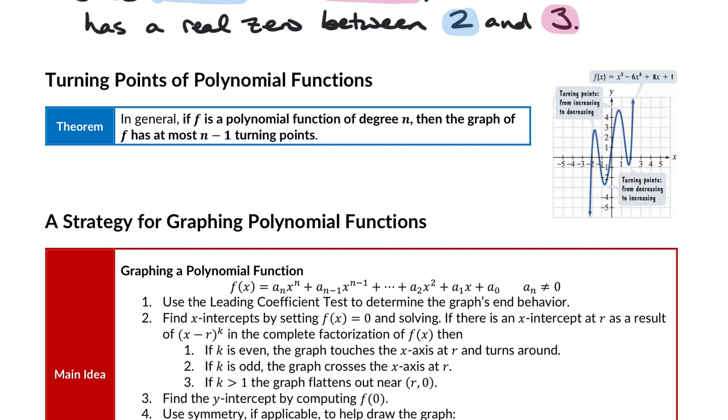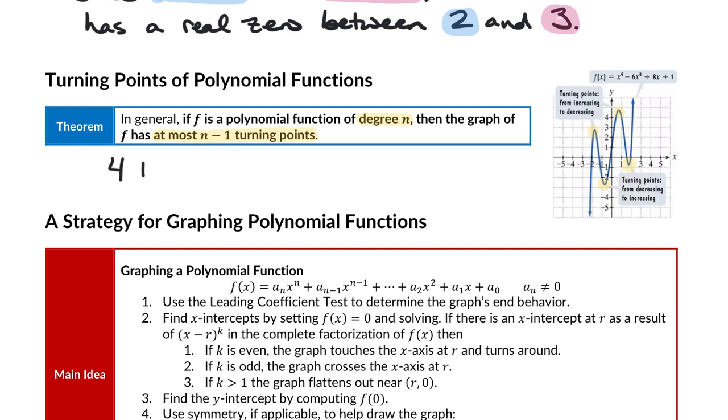In general, if f is a polynomial function of degree n, then the graph has at most n minus 1 turning points. So if we look at this example that we have here, there are 1, 2, 3, 4 places where this thing turns around. 4 turning points.